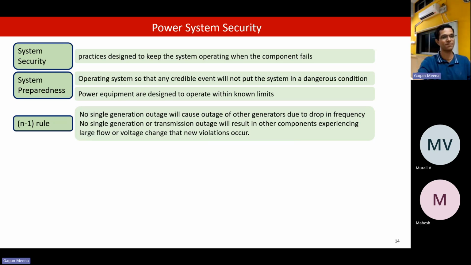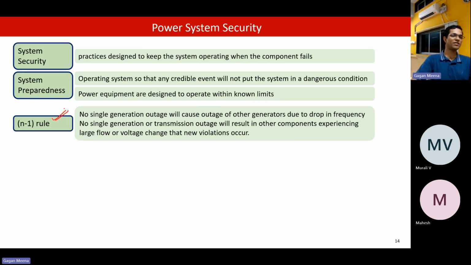That's very important, so we need to prepare for that. These are the different operational limits. We need to check them and keep the equipment within these limits so that any emergency situation doesn't arise.